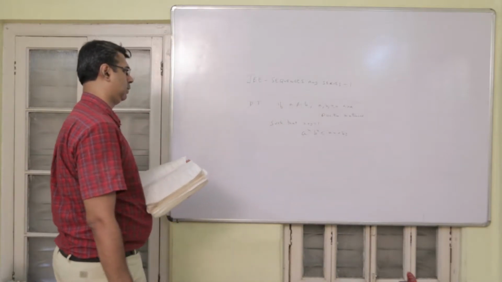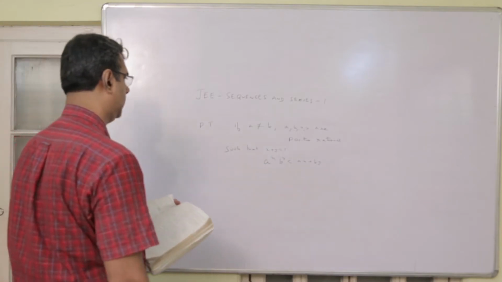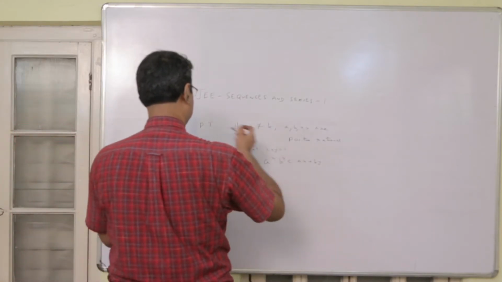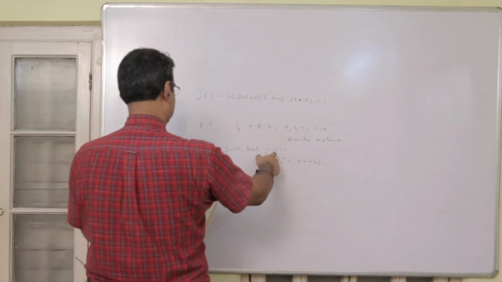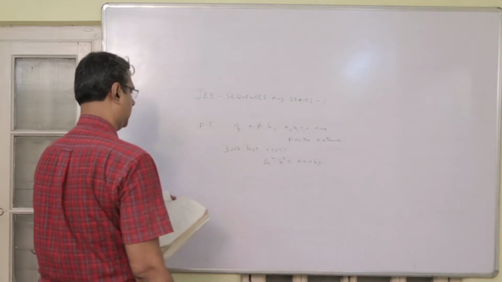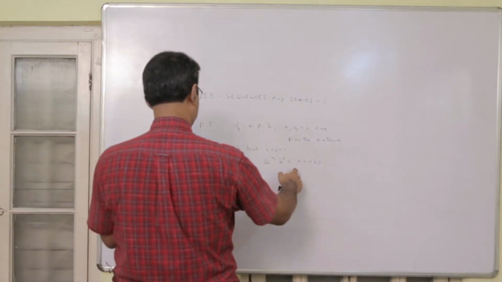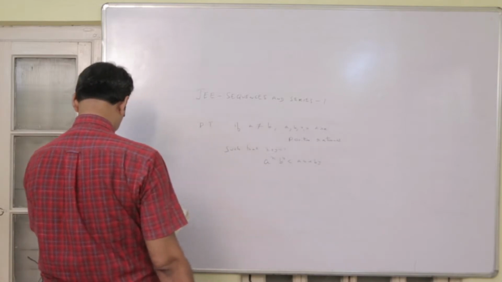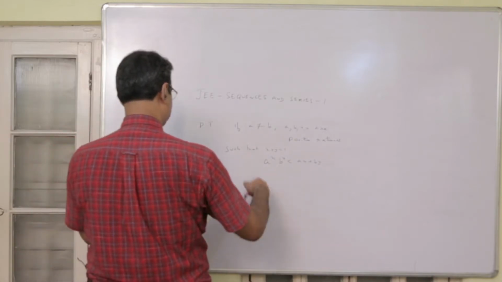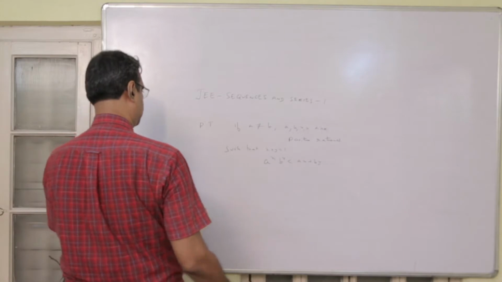There is a question, prove that if A is not equal to B and A, B, X, Y are positive rational such that X plus Y is 1, you have to prove that A to the power X into B to the power Y is less than AX plus BY. Now this is one application of AMGM.